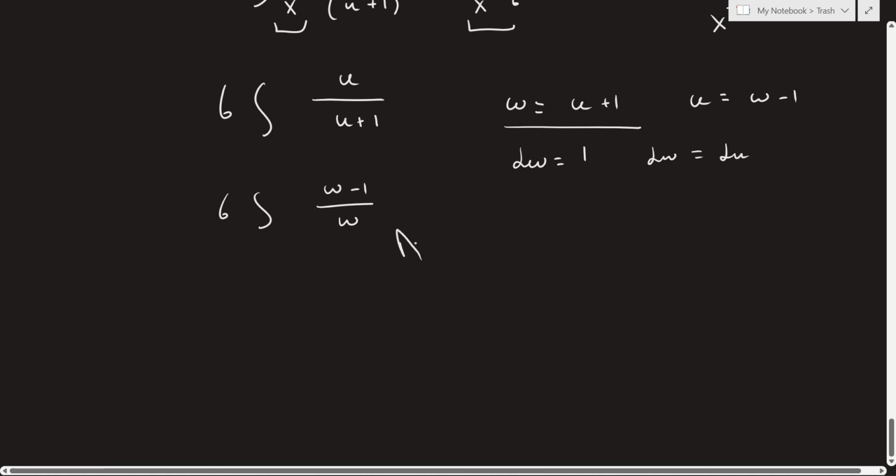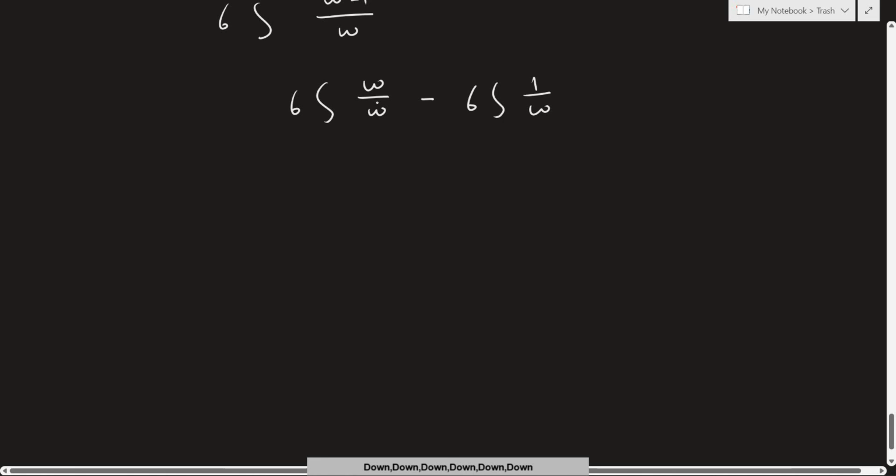Great. Now we can split this since now it's in the top. It's going to be the integral of 6w over w minus 6 the integral of 1 over w. Now find the integral. w over w is 1 and the integral of 1 is w since this is dw. Don't forget, it's going to be 6w minus 6 ln w, since the integral of 1 over w is ln.